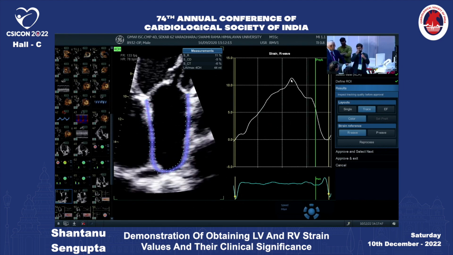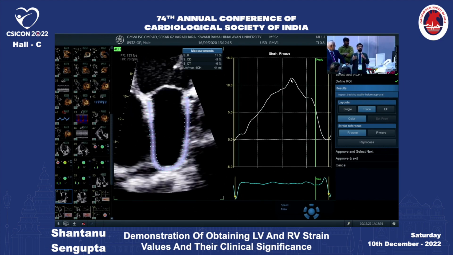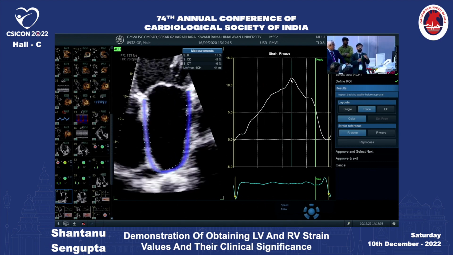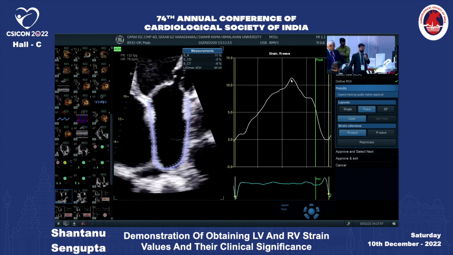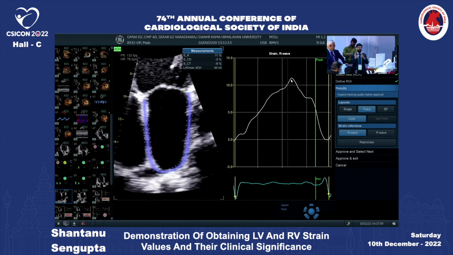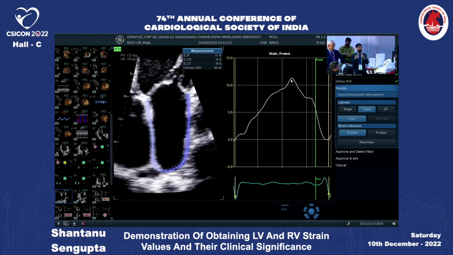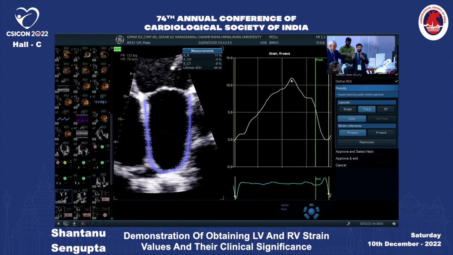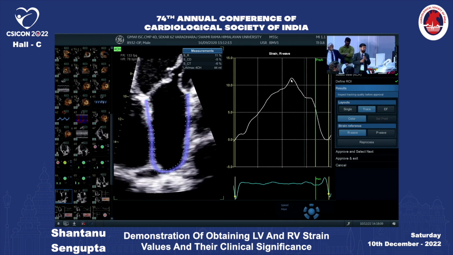That is the importance. LA strain is helpful in prognosticating a lot of conditions. In a couple of recent reports, the diastolic dysfunction protocol doesn't fit the borderline situation, so they have suggested, this is my last sentence, that anything less than 18% means high filling pressure. That's what they are commenting.